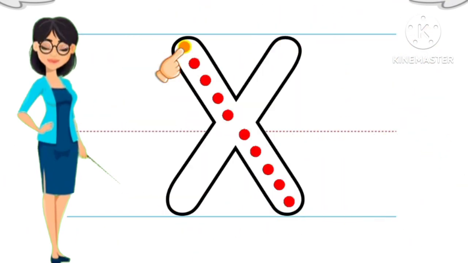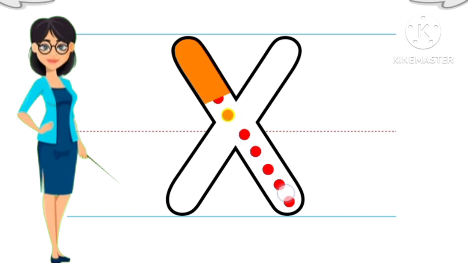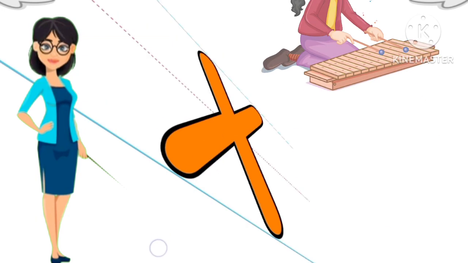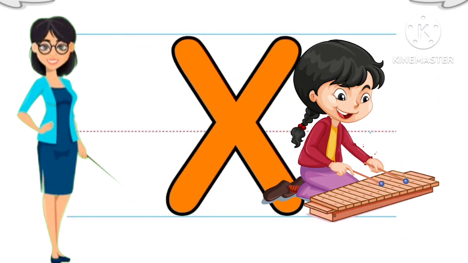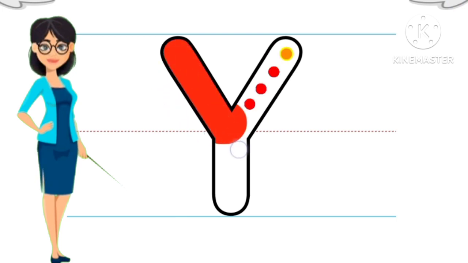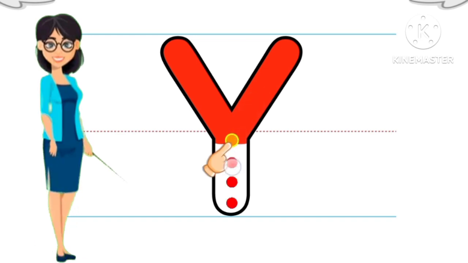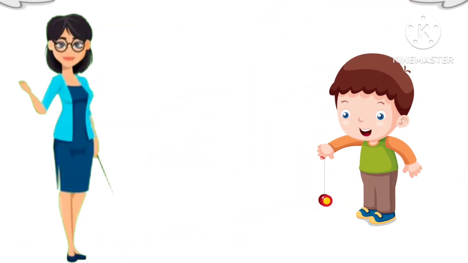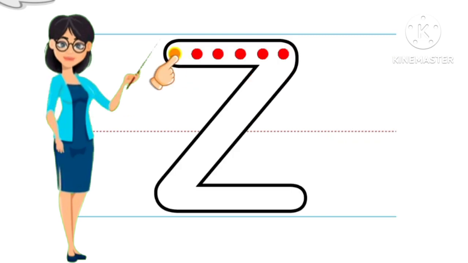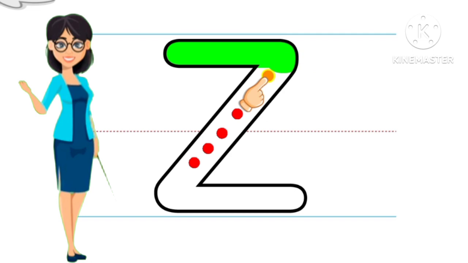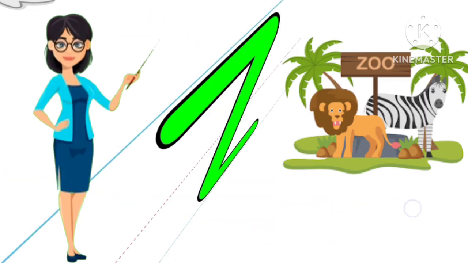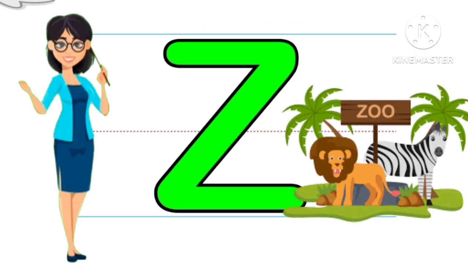X for xylophone. Y for yo-yo. Z for zoo.